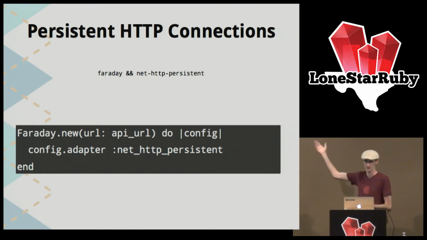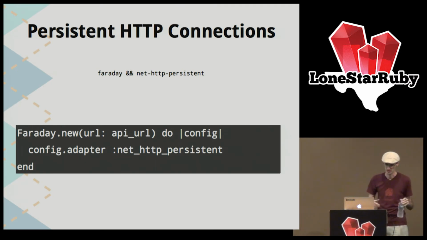I already had a Faraday config block that was doing other configuration. So I installed the gem NetHTTP persistent, added the one line, and it uses it. What NetHTTP persistent does is when you make a request to a host, it holds on to that connection for a little while so that if you make a request to the same host, it reuses the connection. So it saves on setup and teardown time and just handles it for you.